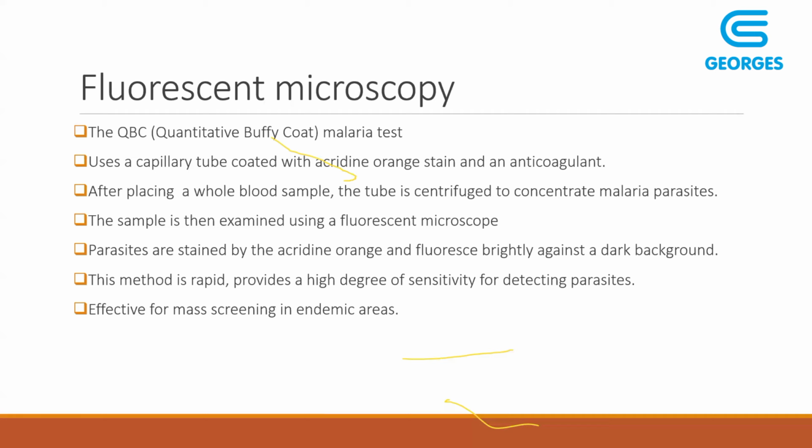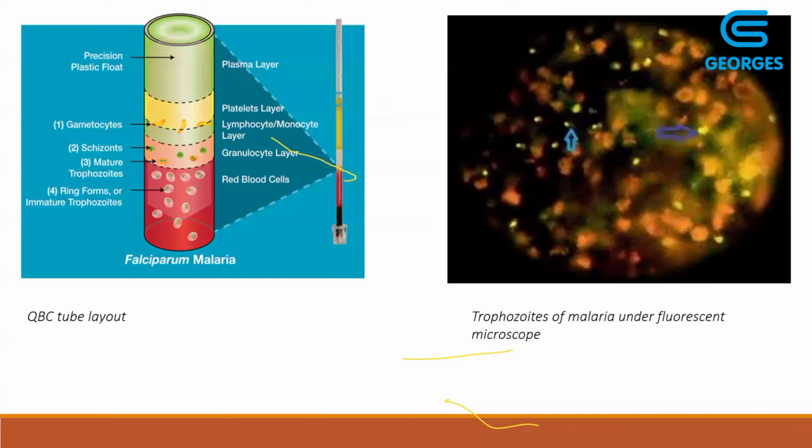So the RBCs, they don't pick up this stain, but the parasite picks up the stain. So when you observe this sample under a microscope, you will be able to see the parasites, which are brightly colored, against a dark background, which is provided by RBCs. So this method is rapid, and it provides high degree of sensitivity for detecting parasites. It is effective for screening in endemic areas.